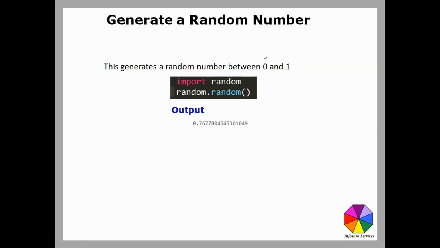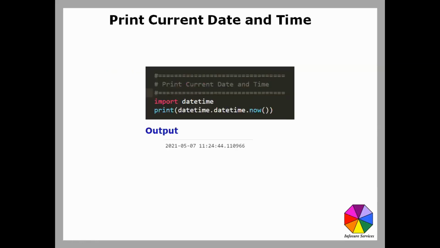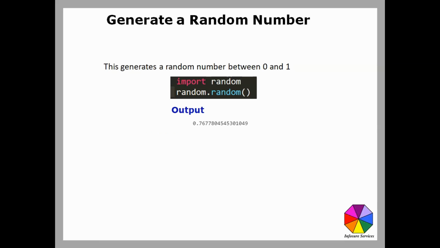Just open a new notebook, create a new cell, and you can type in import random, then random dot random, like that.